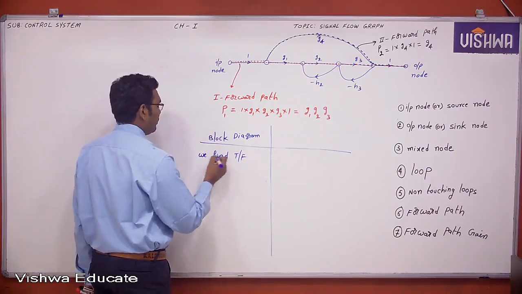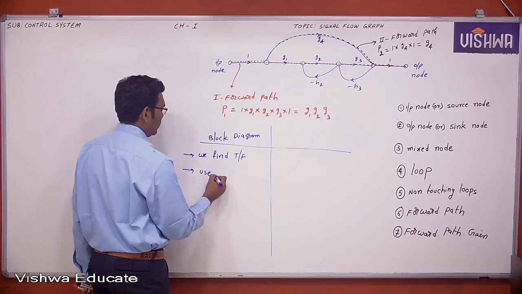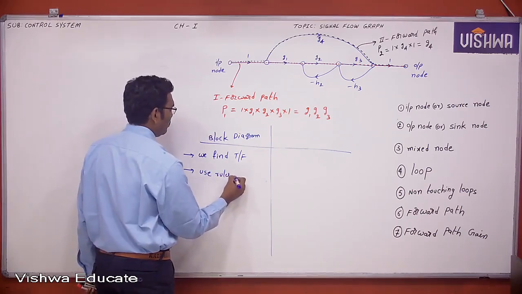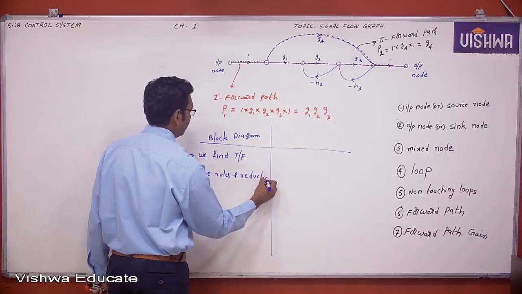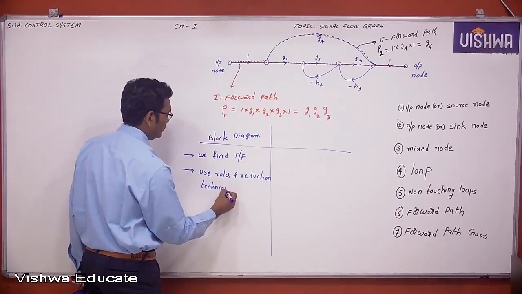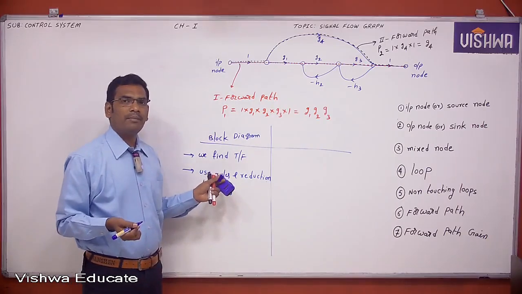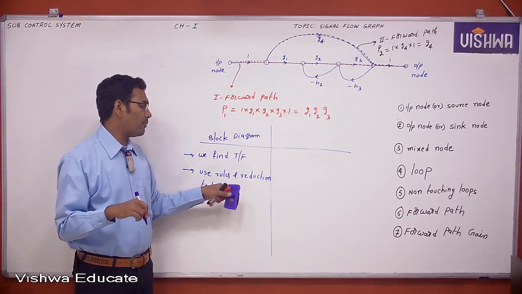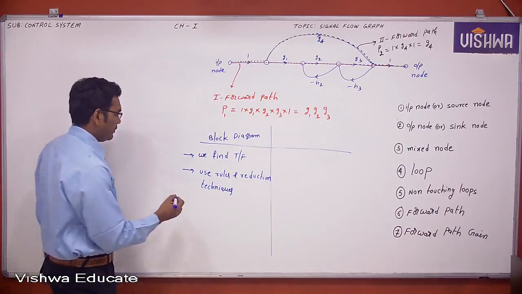So we simplify the blocks, using rules and reduction techniques. Okay, we have to remember which rule we have to apply, which reduction technique we have to apply, and we simplify the blocks and we will find the transfer function.